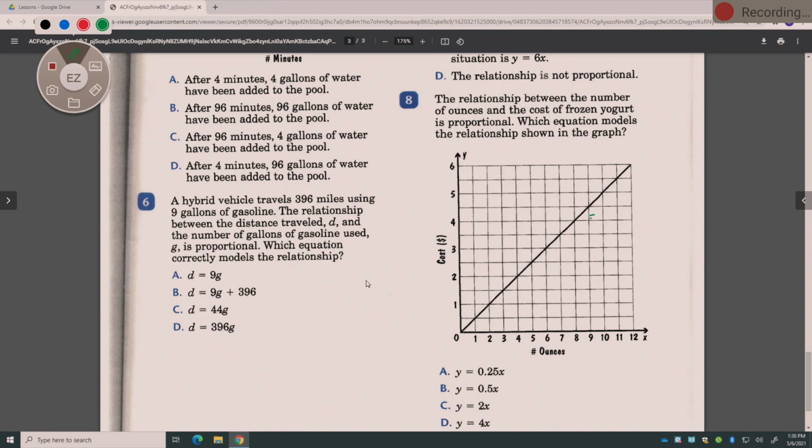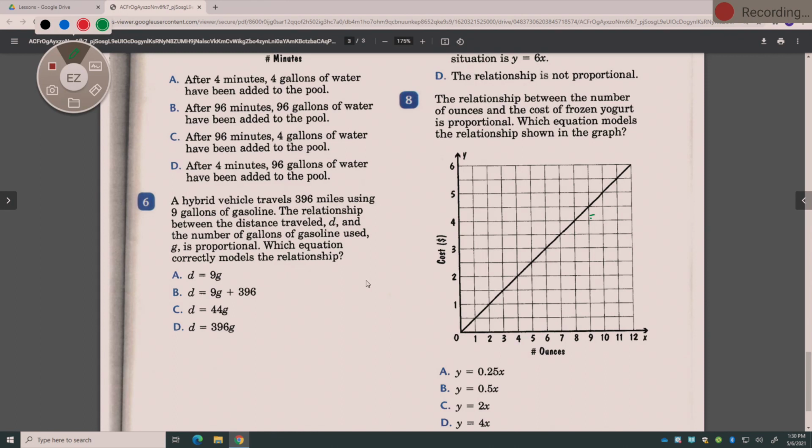Okay, number 6. A hybrid vehicle travels 396 miles using 9 gallons of gasoline. The relationship between the distance traveled, D, and the number of gallons of gasoline used, G, is proportional. Which equation models the relationship?